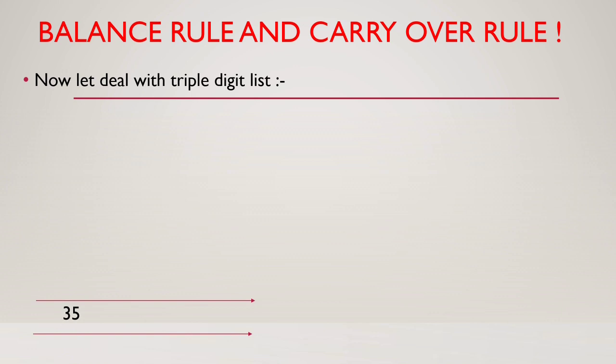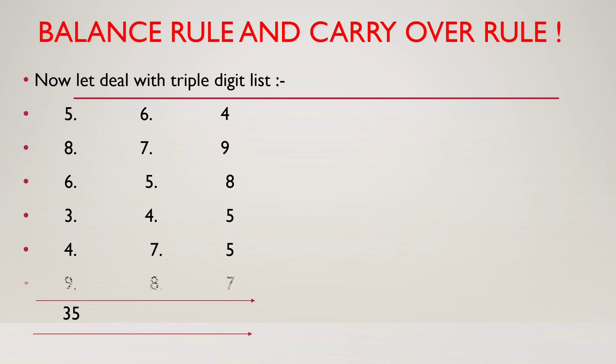Now let's deal with a triple digit list. You have solved a double digit list very well. Now let's begin our next example. That is 564, 879, 658, 345, 475 and 987.